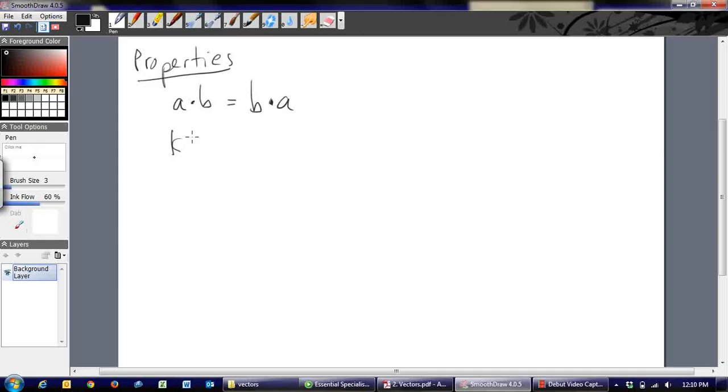Secondly, if you multiply the dot product of A and B by some constant k, some real constant, it doesn't matter which order; the constant can go to either A or B. It's just like algebra. That can be k times A dot B, and it can also be A dot kB.